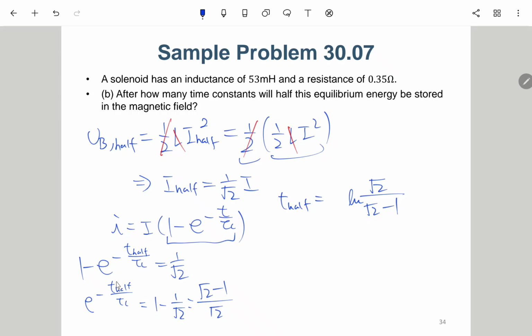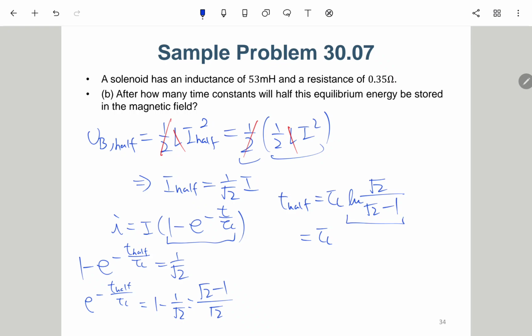So this thing comes out. So we have natural log of square root of 2 over square root of 2 minus 1. And then we move this to the other side. So we have a tau L here. Okay, so finally, we have a tau L, and then natural log of square root of 2.